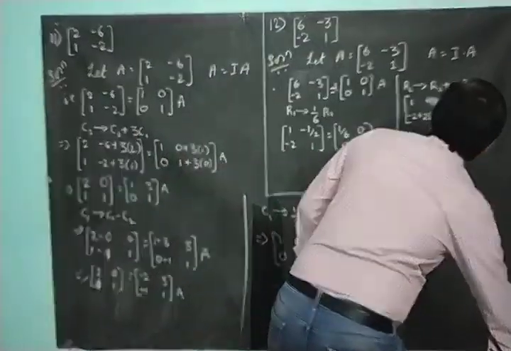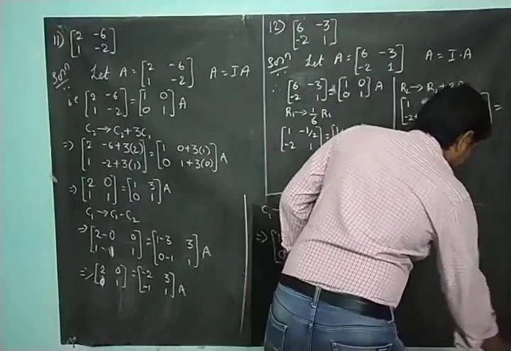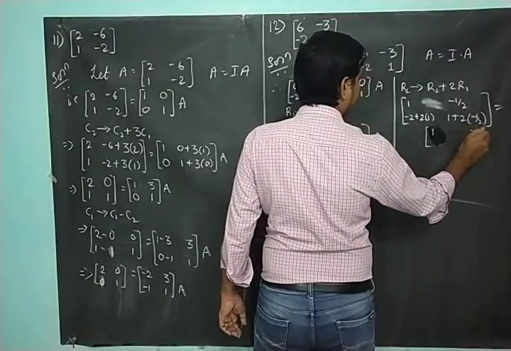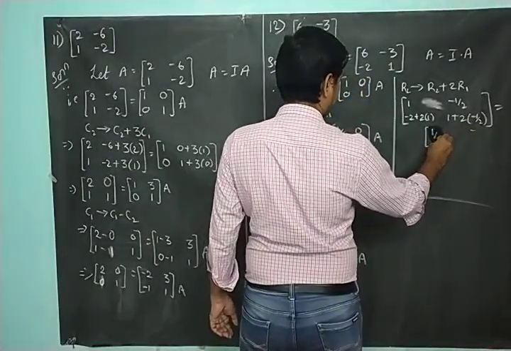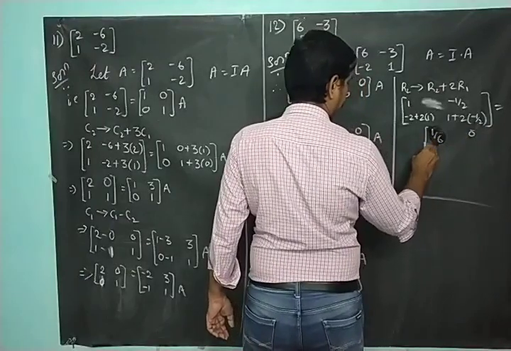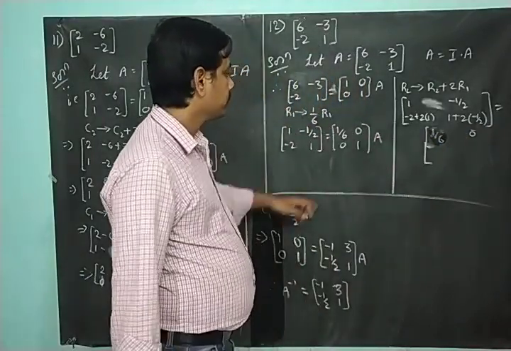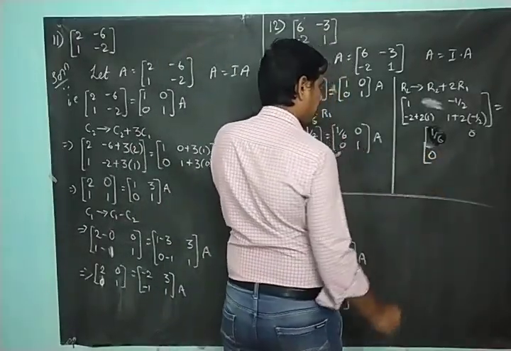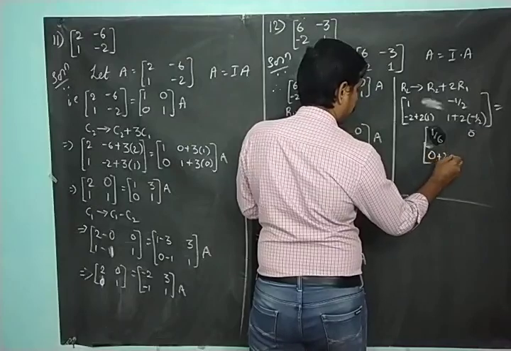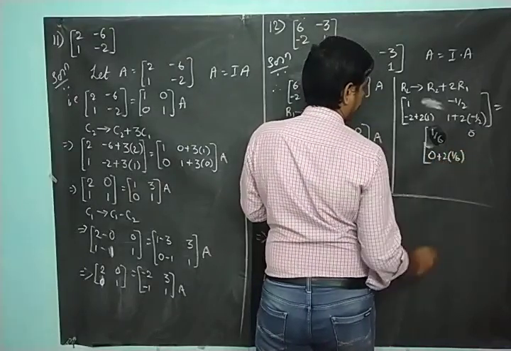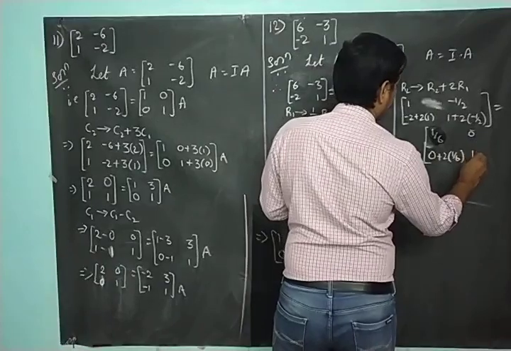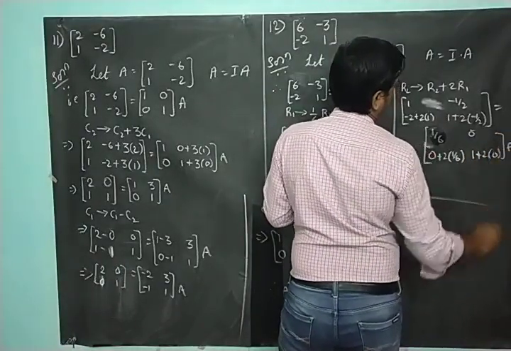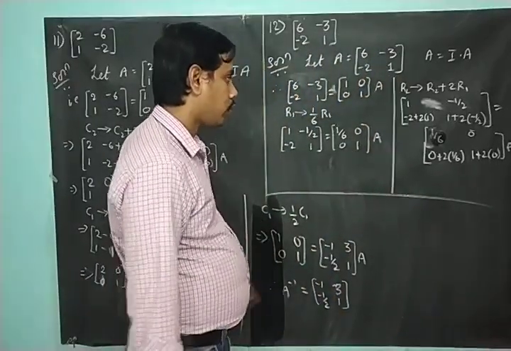Only row 2 is changing, no issues. Row 1 will remain as it is. Row 1 is what? 1 by 6 and 0. And row 2 is what? 0 plus 2 times of 1 by 6, and here 1 plus 2 times of 0, into A.